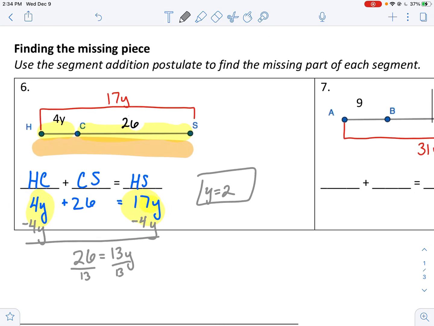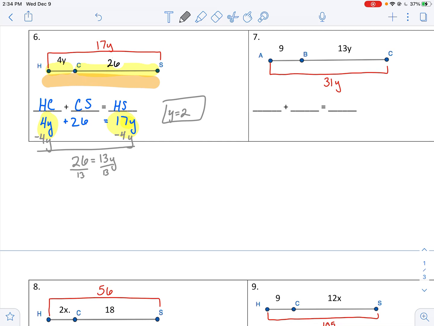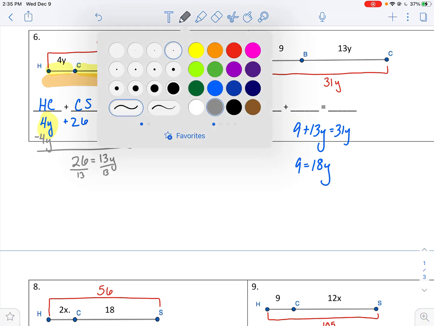Why don't you try number 7, pause the video, try it on your own, and let me know what you get. Be very careful about your fractions here, or your dividing. So 9 plus 13y equals 31y, or 9 equals 18y, and this is where most mistakes happen.